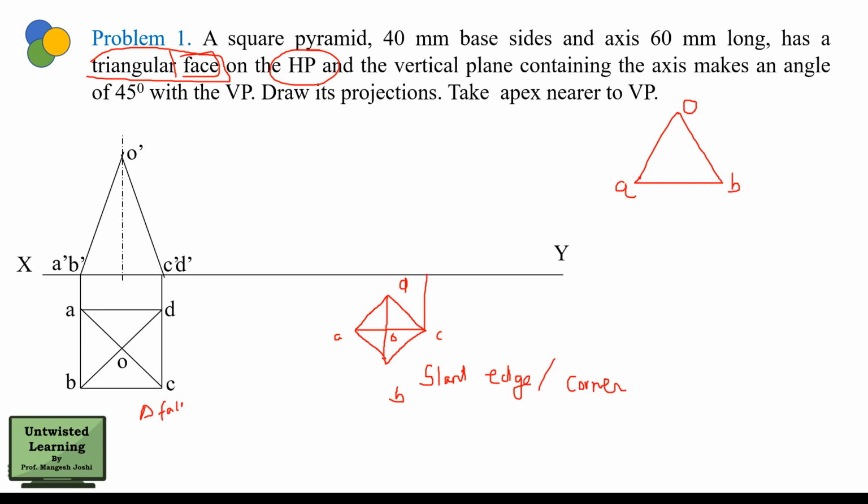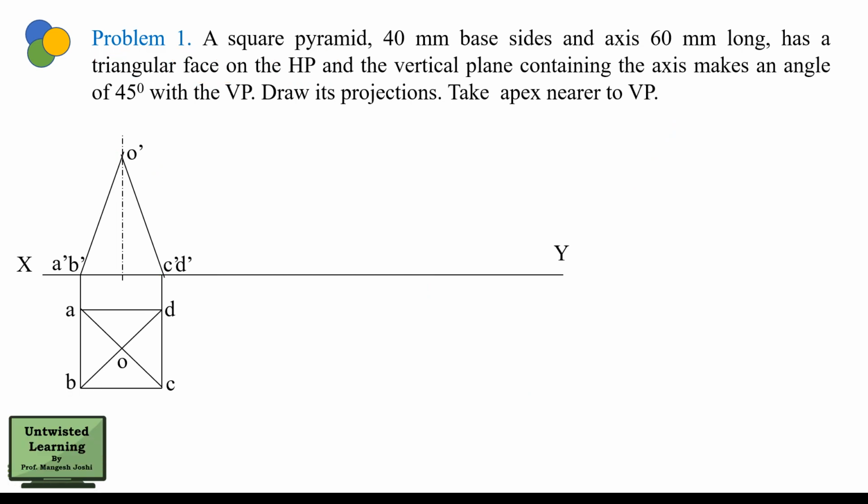It depends on the resting condition. This position is for slant edge on HP or corner on HP. So that's why we have selected this, so that you will get 1 point of the apex and 2 points of the base.